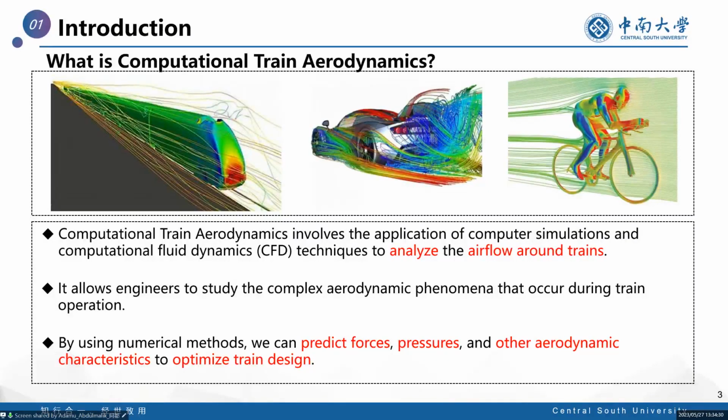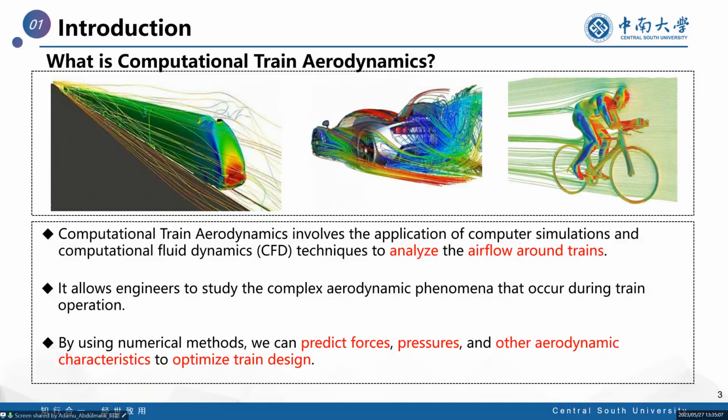So train aerodynamics is the study of the aerodynamic behavior of a train when it's moving in open air or in an enclosed surface. This can be tunnels or any other enclosed surfaces. Computational train aerodynamics involves the application of computer simulation and computational fluid dynamics techniques to analyze the airflow around trains.